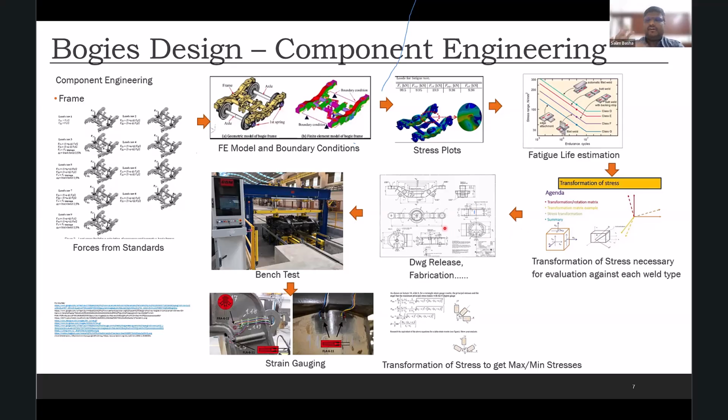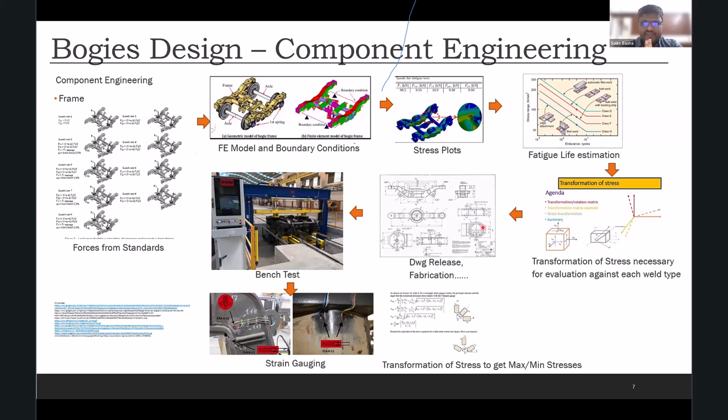And then once we are all sure that we have done a good job in designing the frame, we go and create the drawings. You can see that this is how we create the drawings. The metal is cut into different plates, and we put them together, weld them together, and we make the frame.